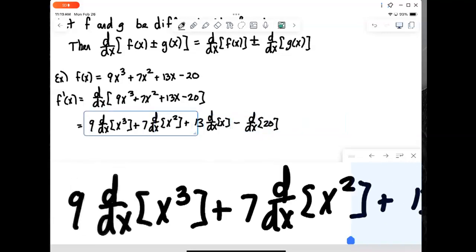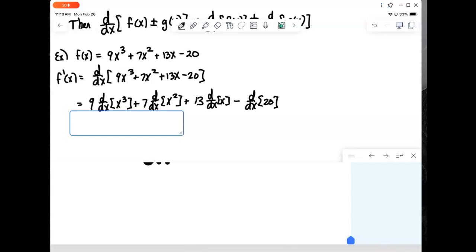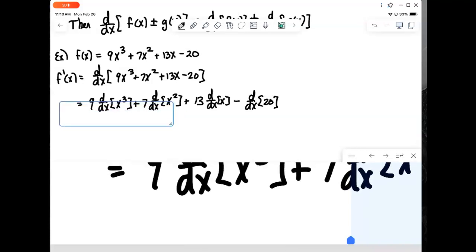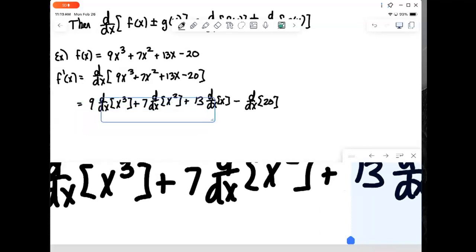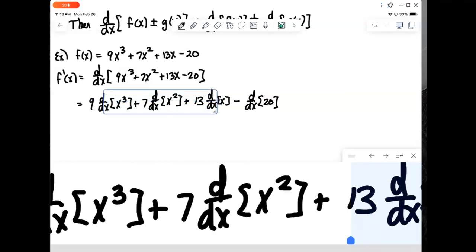Now I've written this step out this time just because I want to make things clear as we're doing these problems, how everything's coming together. In practice, usually though, we'll just go ahead and do those derivatives since they're pretty easy to do using our power rule.